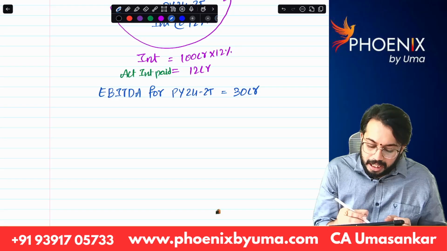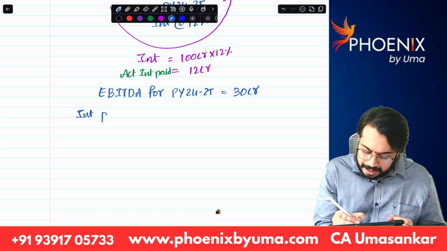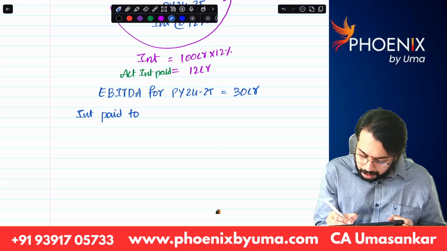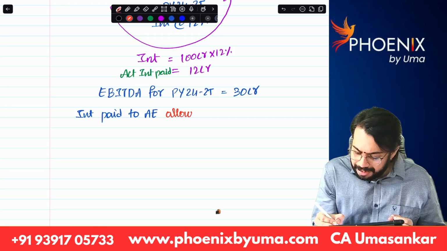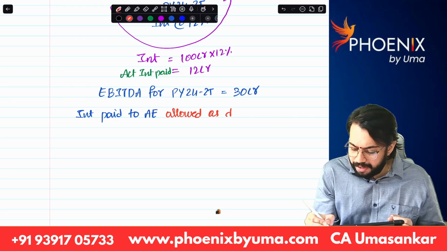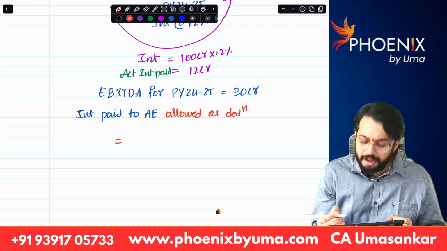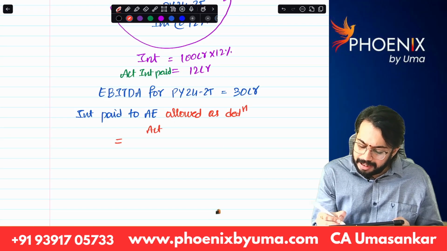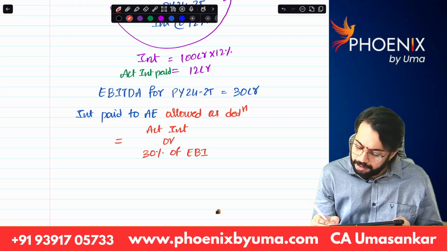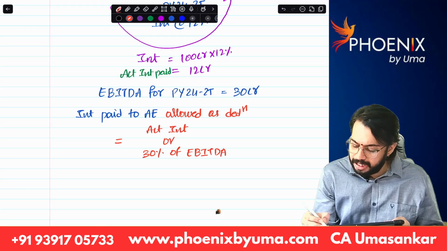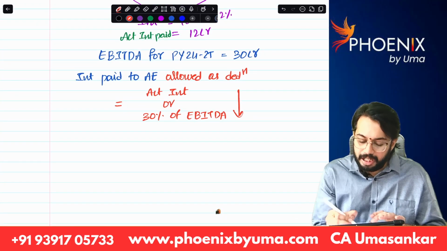Interest paid to associated enterprise allowed as deduction is equal to, what is the formula? Formula is actual interest or 30% of EBITDA, whichever is lower.